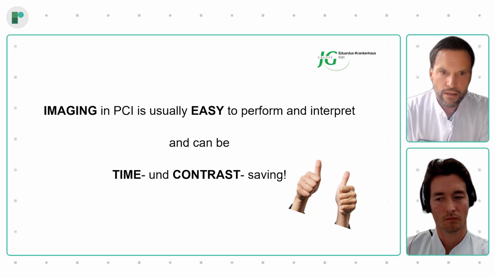and which is even more important, if you look in centers who use it frequently, like we do, we see that it's not only contrast saving, which is of relevant importance in, I would say, 50 to 60% of our patients, but you can also save time, because you have in a very fast time a perfect overview of the extent of the disease.